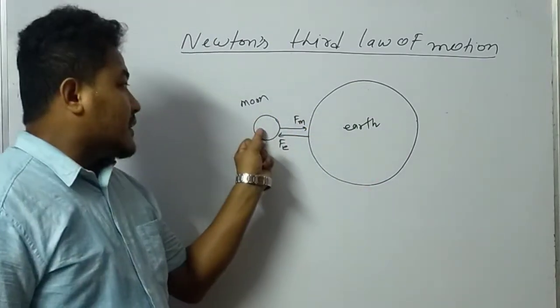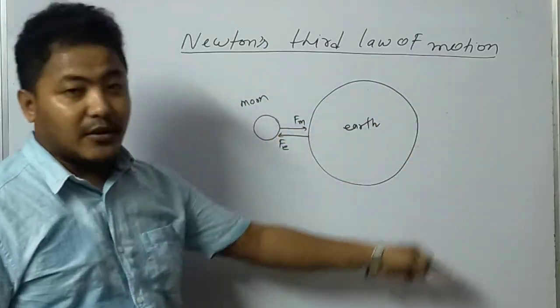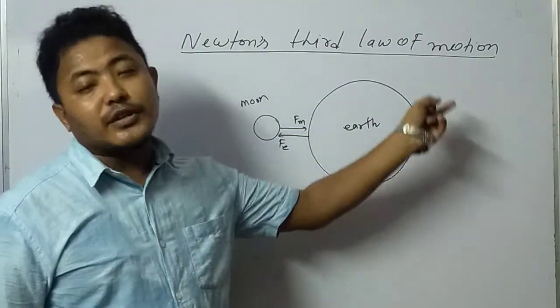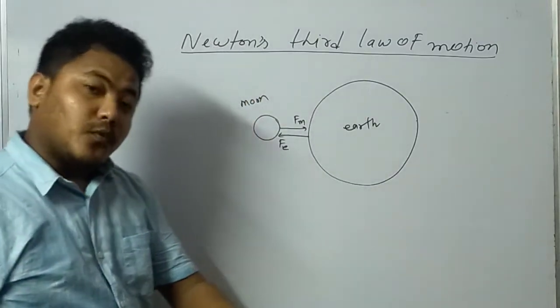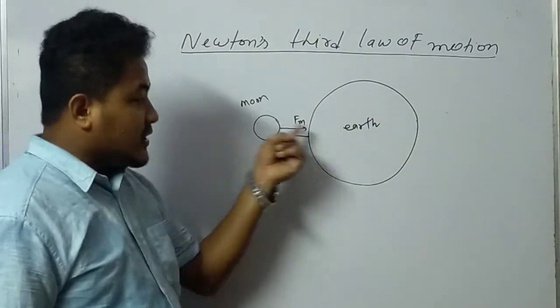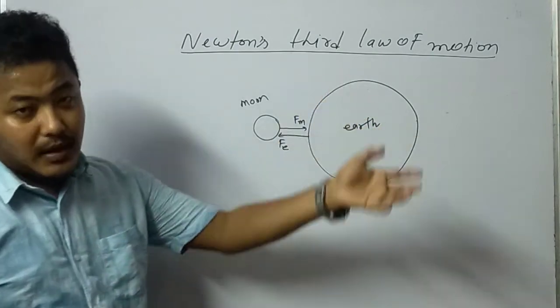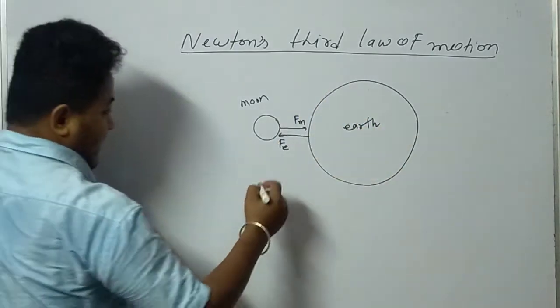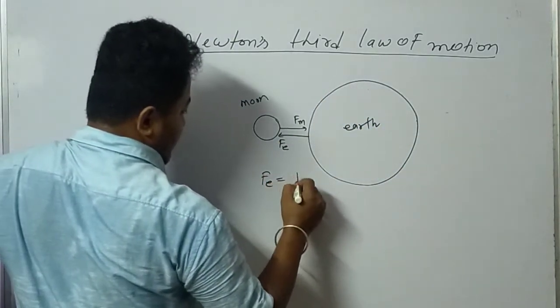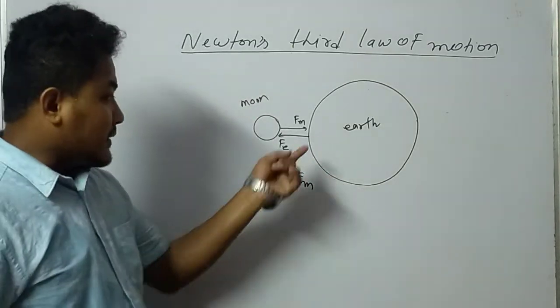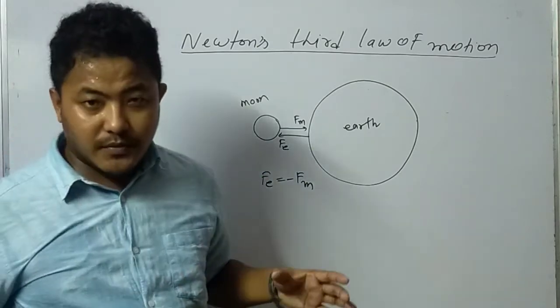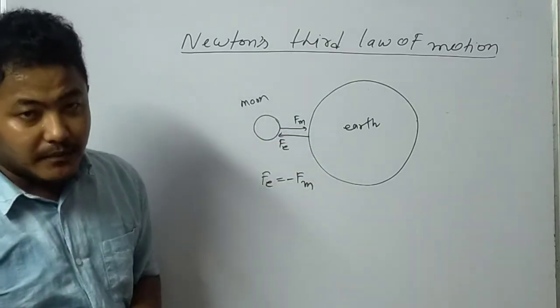That's why the moon moves around the earth and the earth does not move around the moon. That's the thing you remember. But the amount of force exerted by each other is equal. That means Fe is equal to Fm, maybe opposite. The directions of the forces are opposite, but their magnitudes are the same.